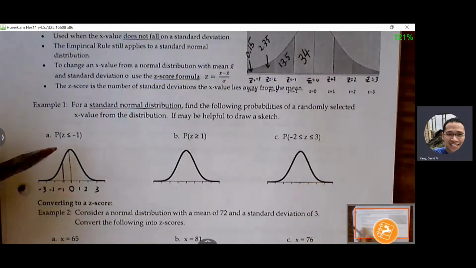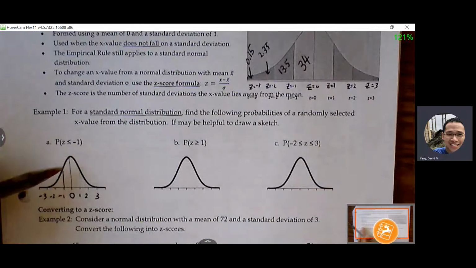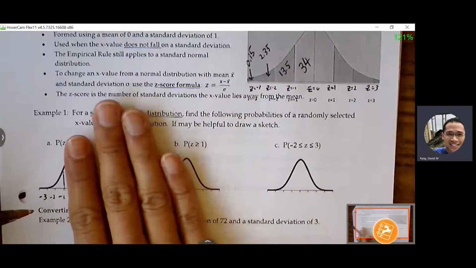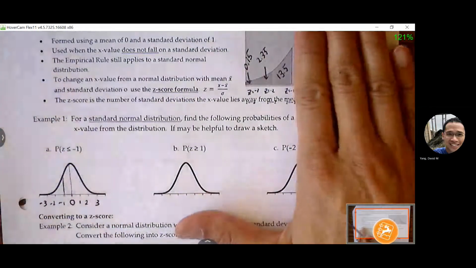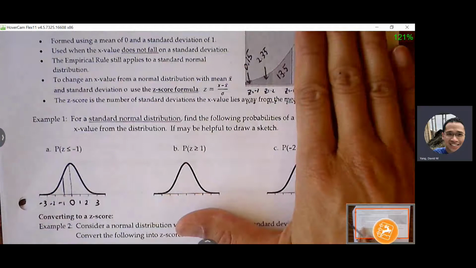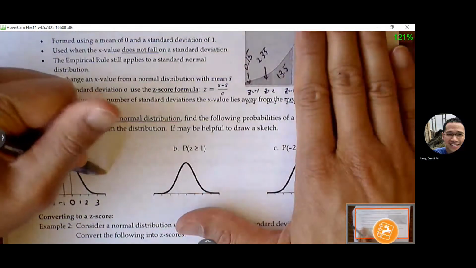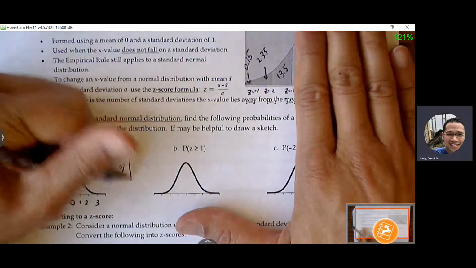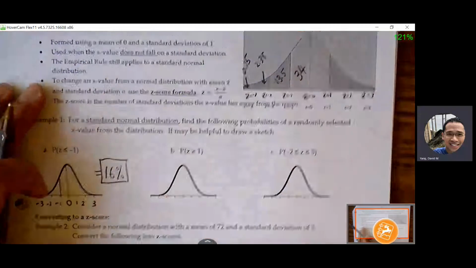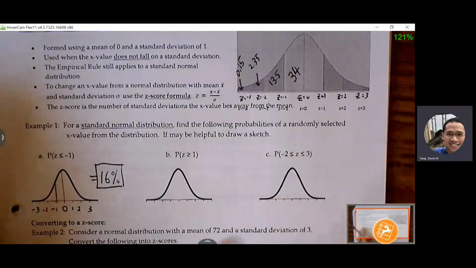So if we want the probability of a z less than or equal to -1, then 0.15 plus 2.35 plus 13.5. Okay, so we're just getting used to these z values here. Z greater than or equal to 1.